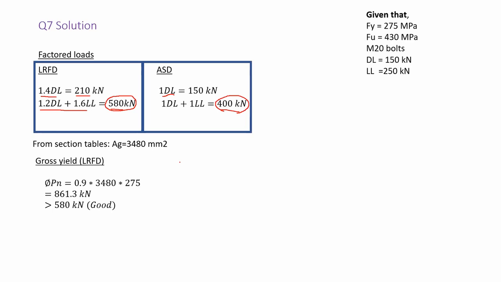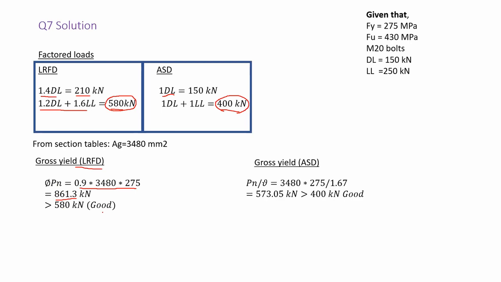Now we have to consider again, as before, the gross yield, net rupture, and block shear. First of all, we're starting with the gross yield with LRFD. The equation that we always use, you plug in all the values and it appears that the capacity of this member is 861 kilonewtons, bigger than the LRFD load, 580. This is good.